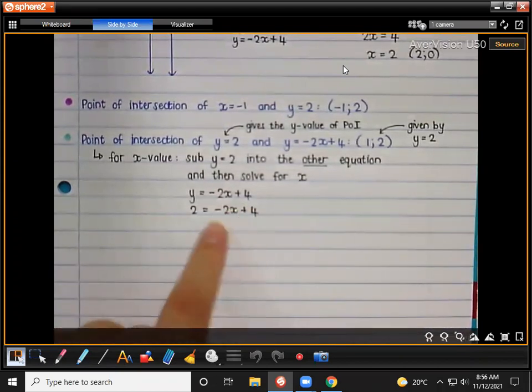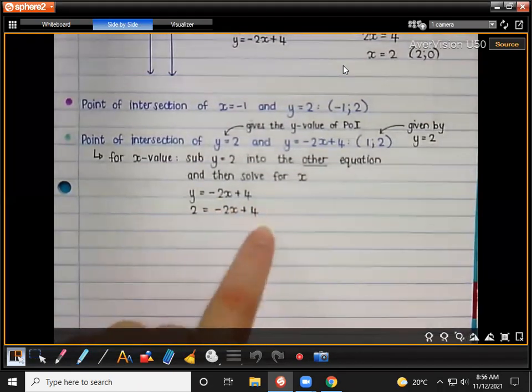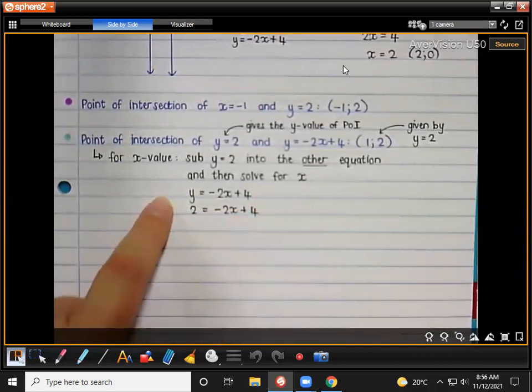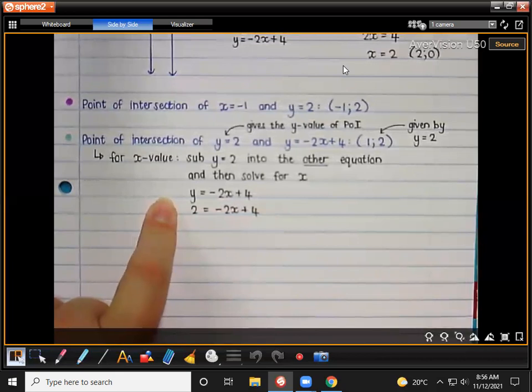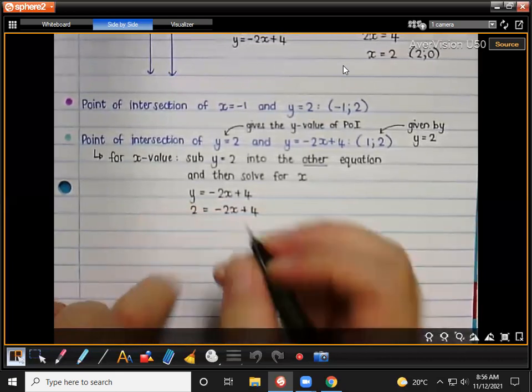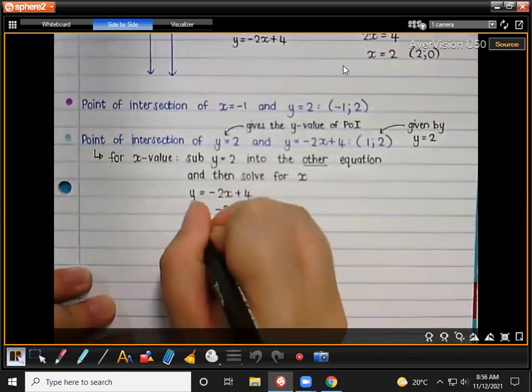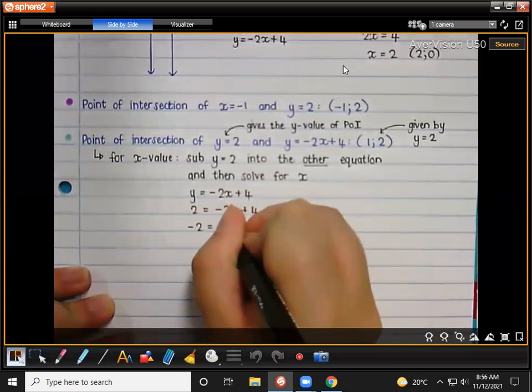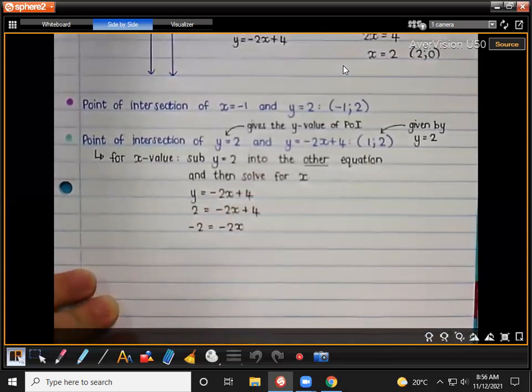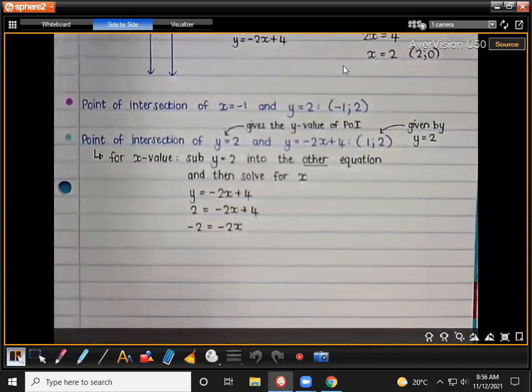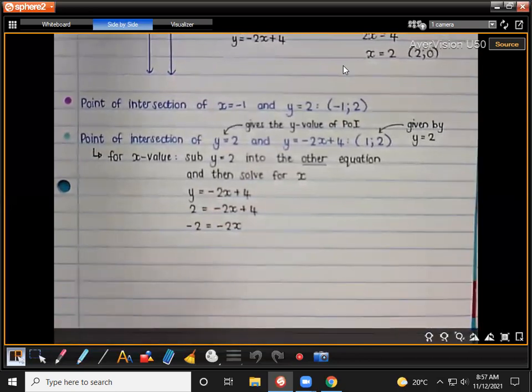All right, so now let's just move this 4 over to the other side. This plus 4 is going to become minus 4. What's 2 minus 4? 2 minus 4 is negative 2, hey? So I have negative 2 equals negative 2x. So I just move that 4 over and I minus 4 from 2. And now I must divide by negative 2, right? What's negative 2 divided by negative 2?